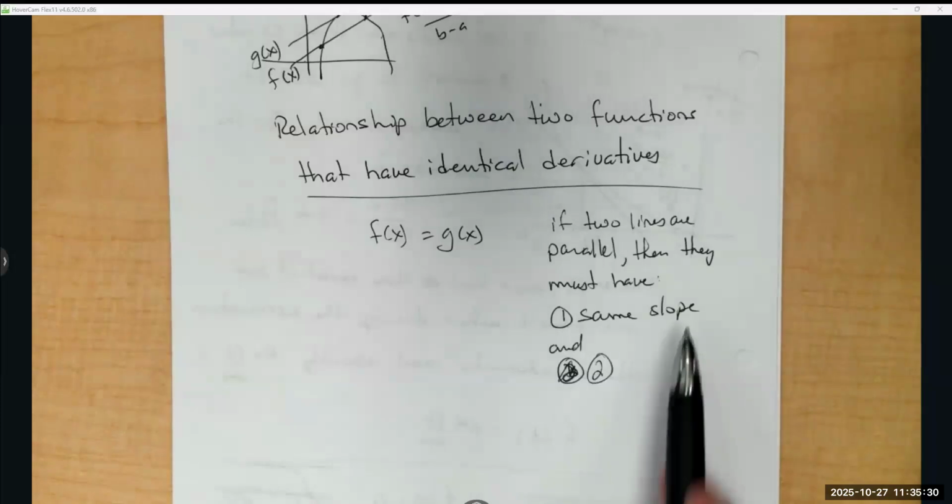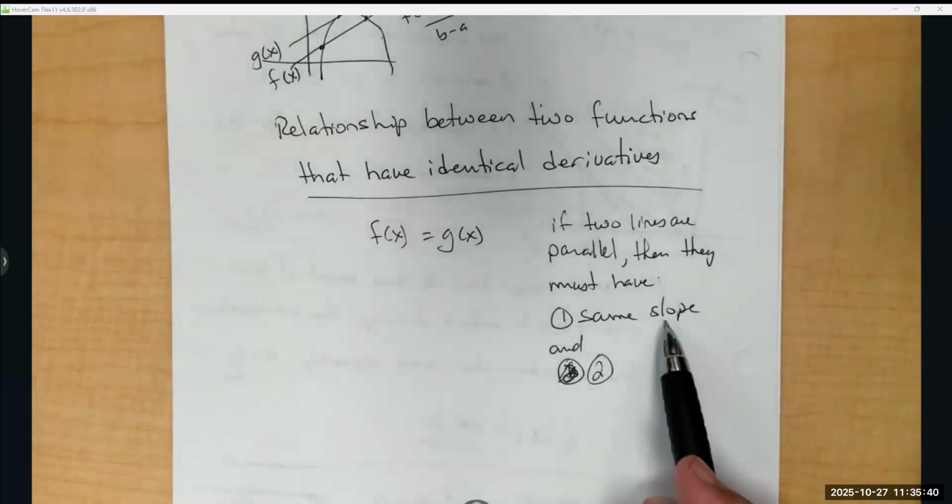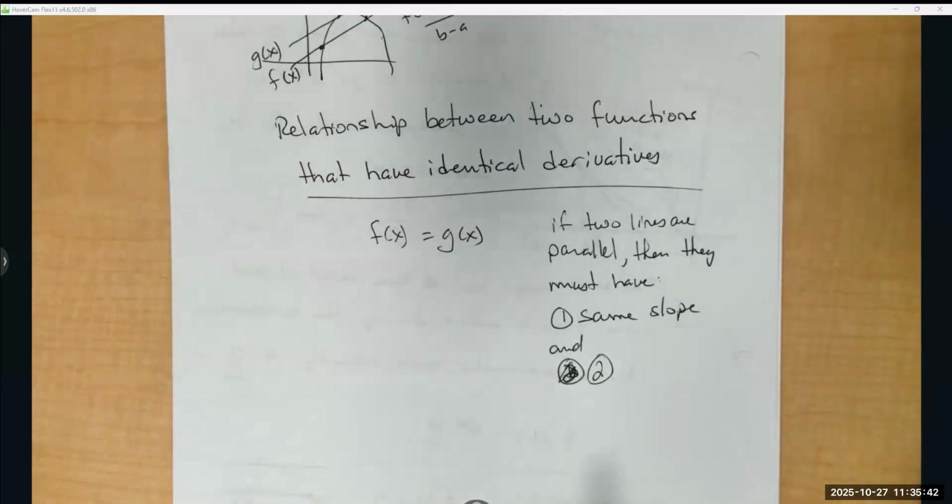That's the same slope. Good point. They never intersect. If they did intersect and they had the same slope, what kind of lines would they be? Wouldn't they just be the same line?